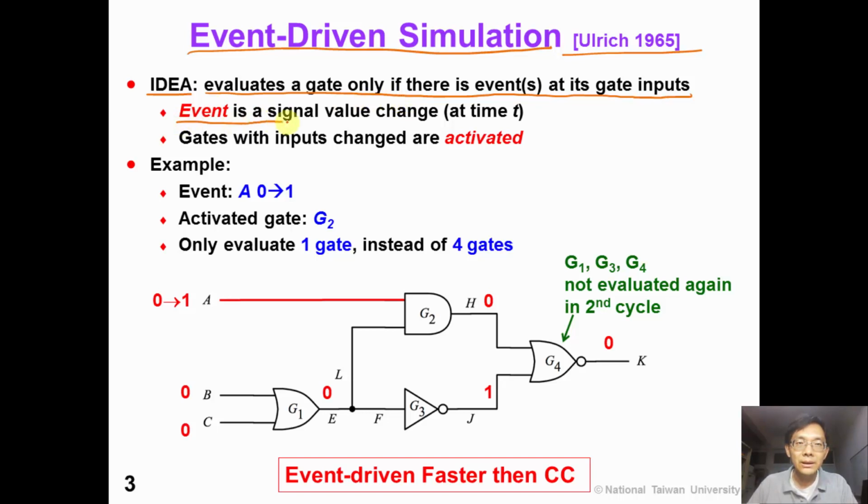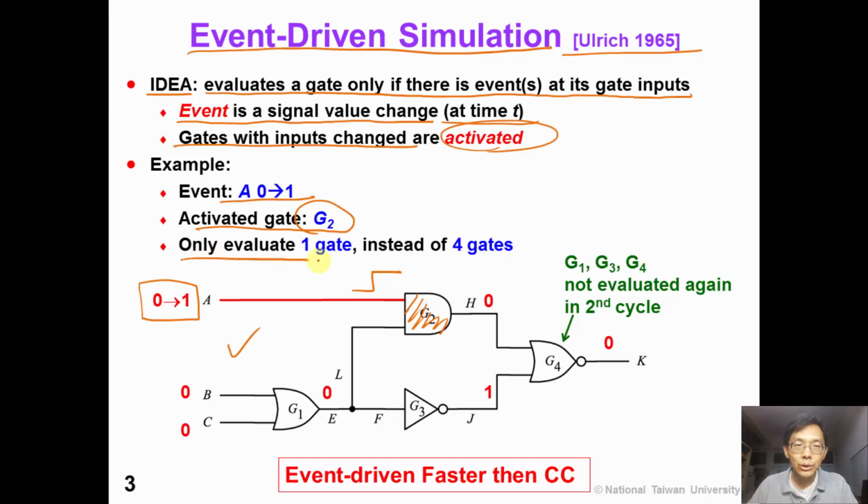An event is a signal value change at a specific time t, and a gate with its input changed is called activated. For example, for this circuit, we can see there is an event at primary input A. This is a rising transition, and the gate G2 is called activated because we have an event coming in at its gate input.